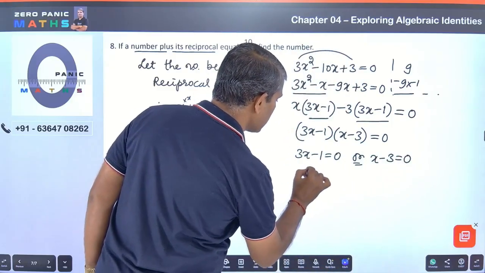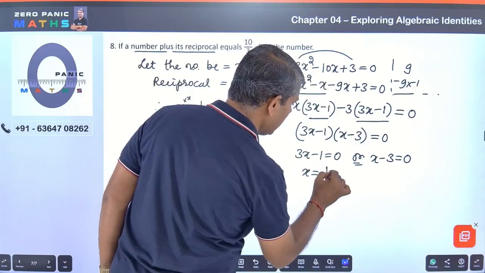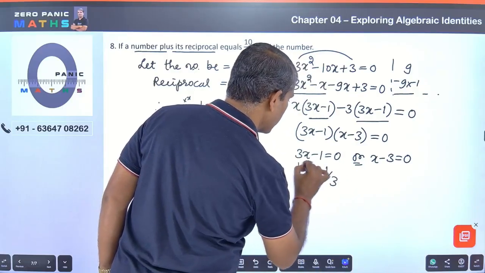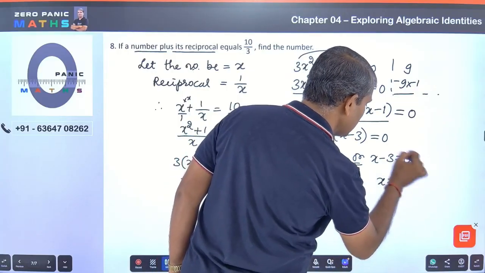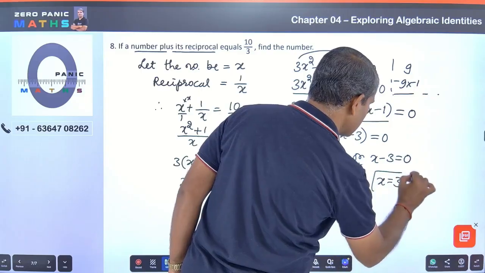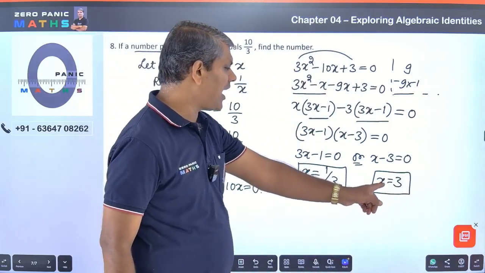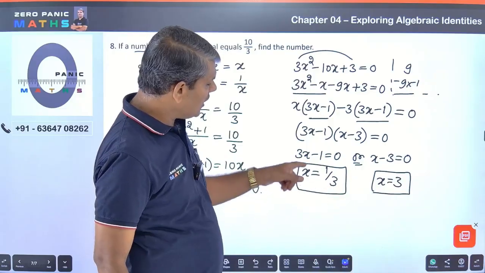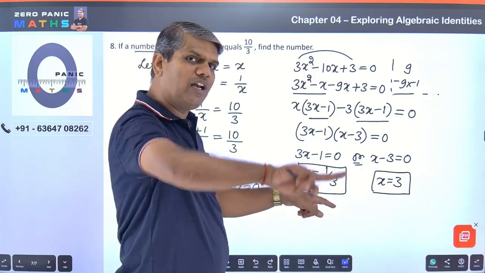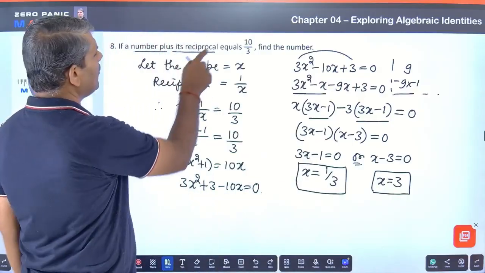That gives one x value as 1 by 3, taking minus 1 to that side, and another x value, taking minus 3 to that side, is 3. If you consider x is equal to 3, then the reciprocal will be 1 by 3. If you consider x is equal to 1 by 3, the reciprocal will be 3, and both satisfy the given condition.